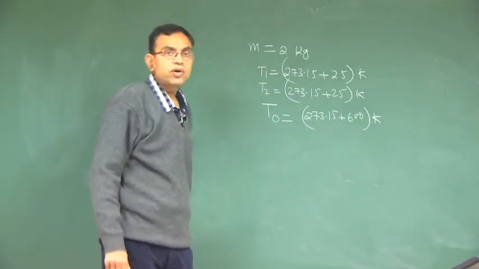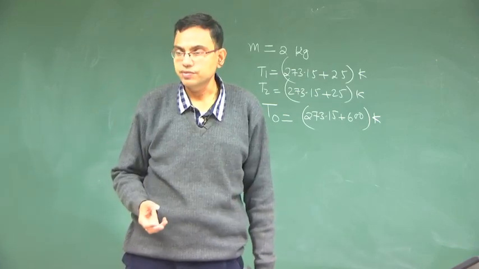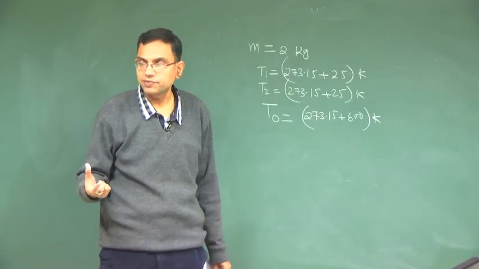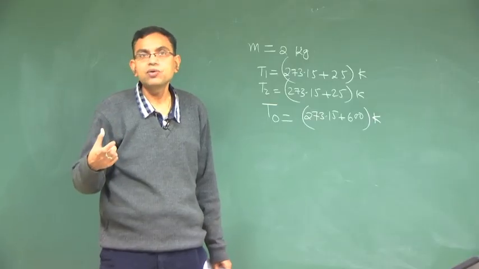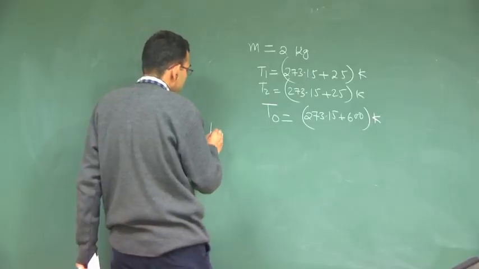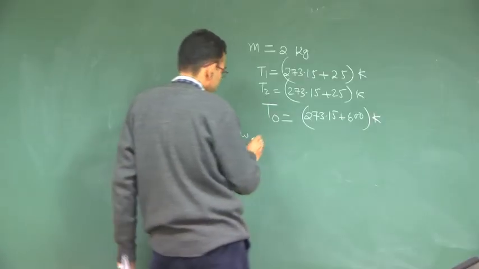So, for knowing the irreversibility, you need to know what is the entropy generation. To know the entropy generation, you have to know what is the heat transfer. To know the heat transfer, you have to apply the first law. So, we start with the first law for the copper block or iron block.